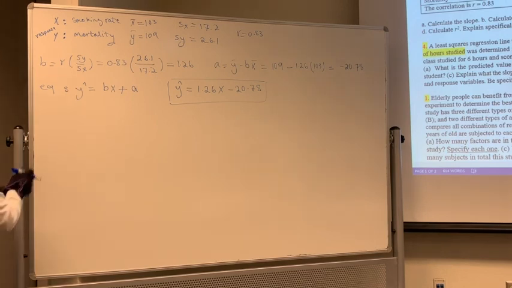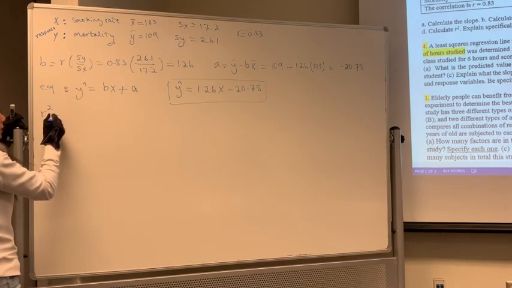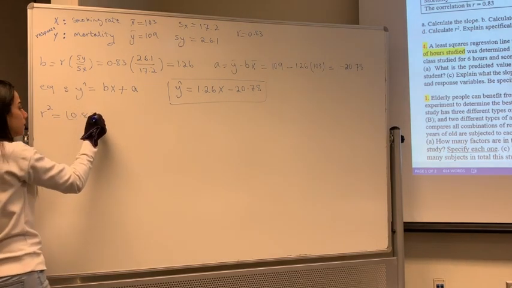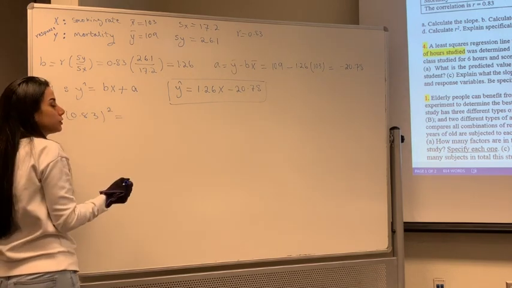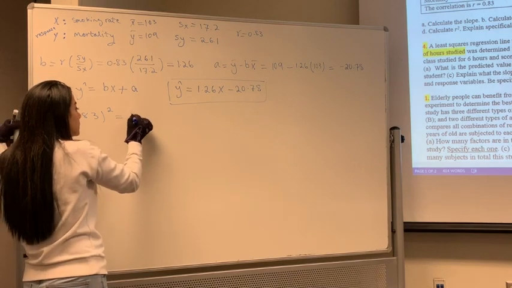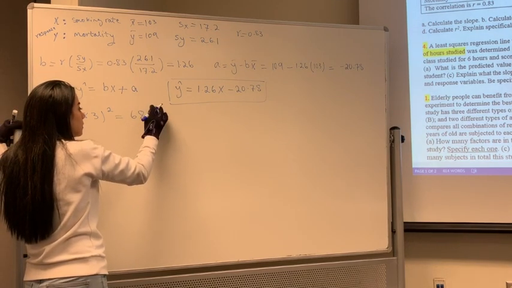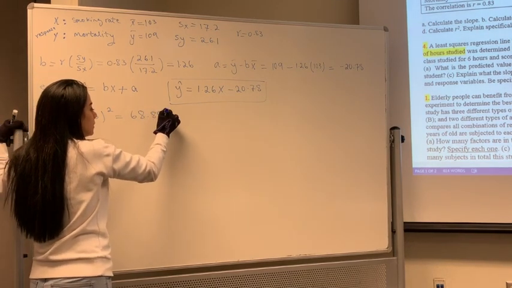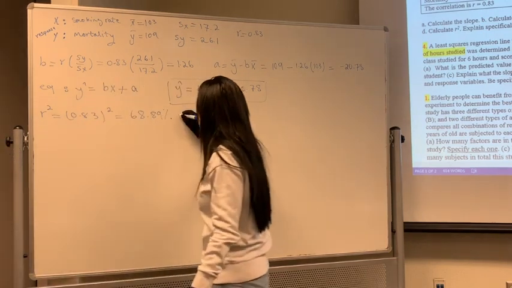So R squared is equal to 0.83 to the power 2, equal to, give me the percentage now. 68.89%, right?